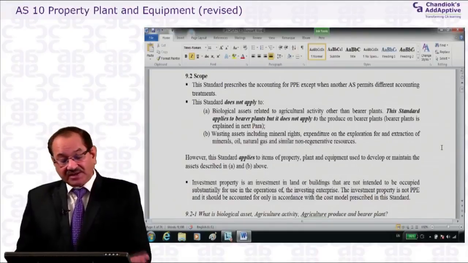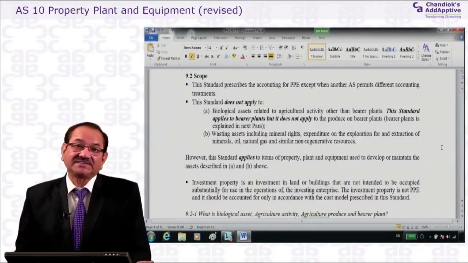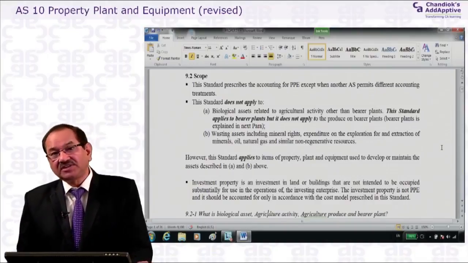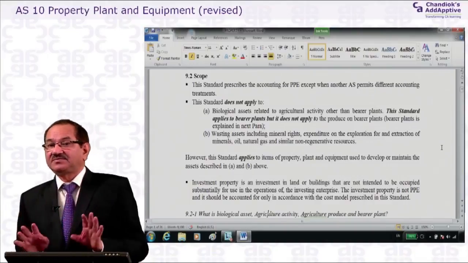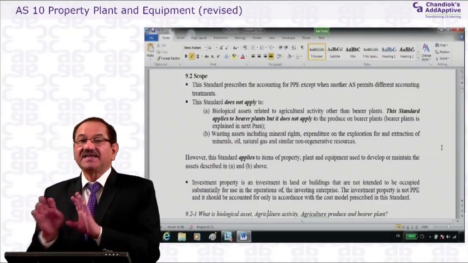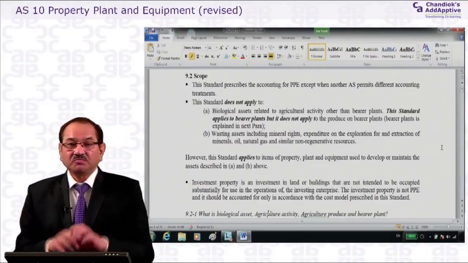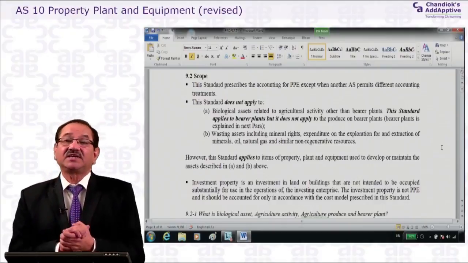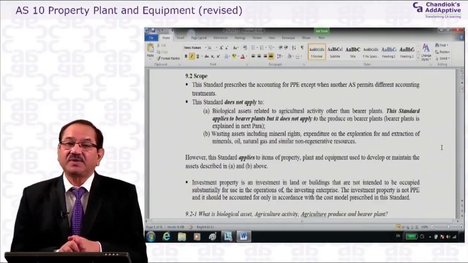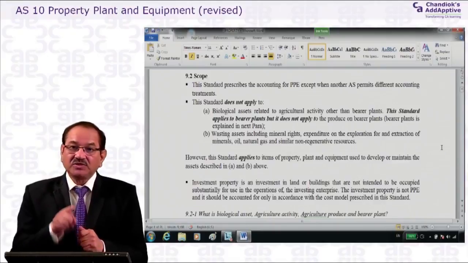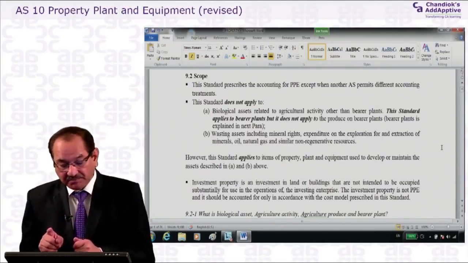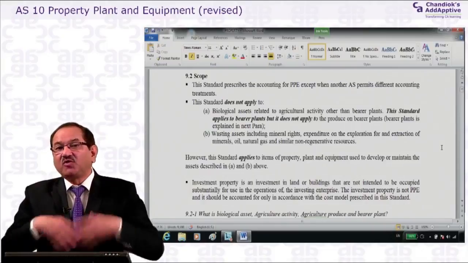It also does not apply to wasting assets, including mineral rights, and expenditure on explorations, because you have different standards for it, a different guidance note. So it does not apply. The principles prescribed under Accounting Standard 10 on Property, Plant and Equipment will not apply to minerals. Wasting assets, including mineral rights: wasting assets means those which go on being wasted.